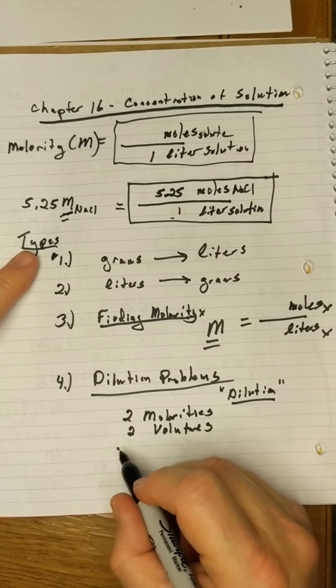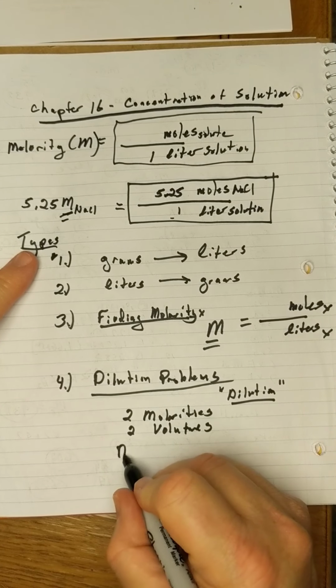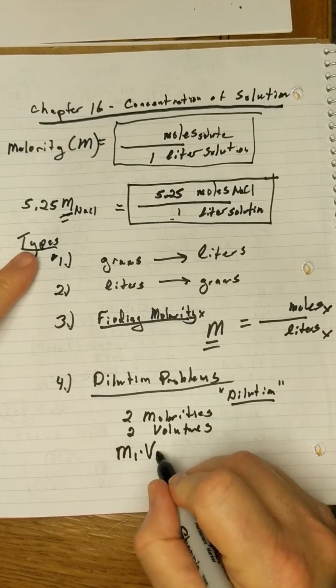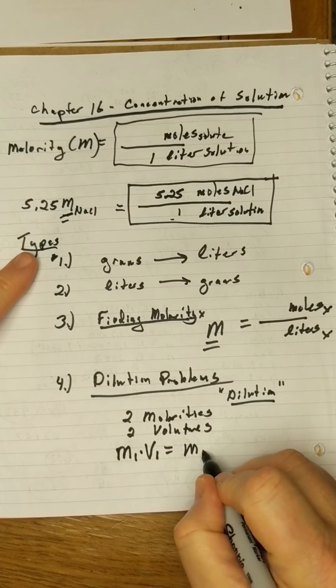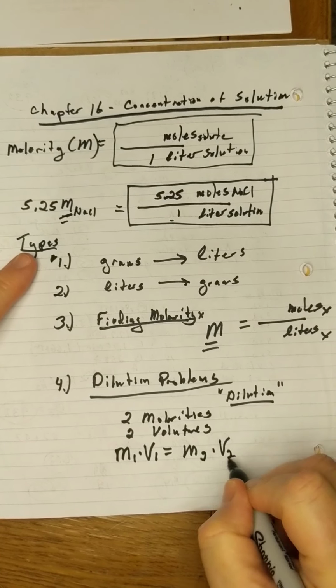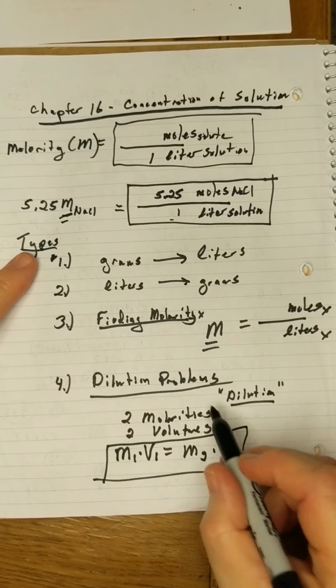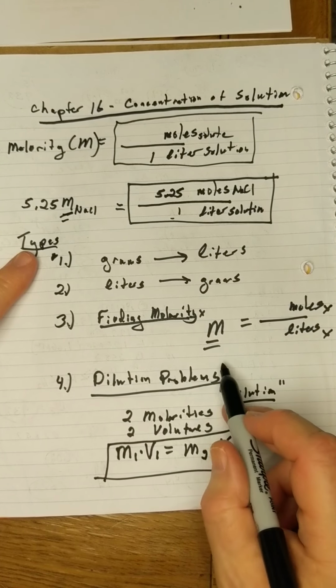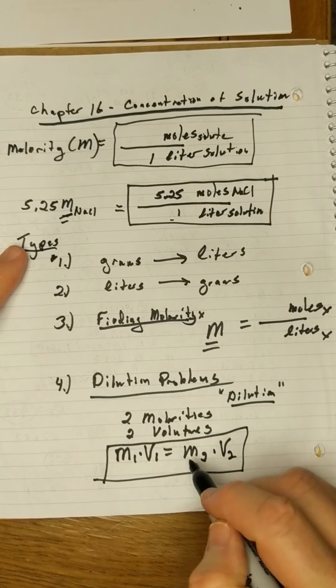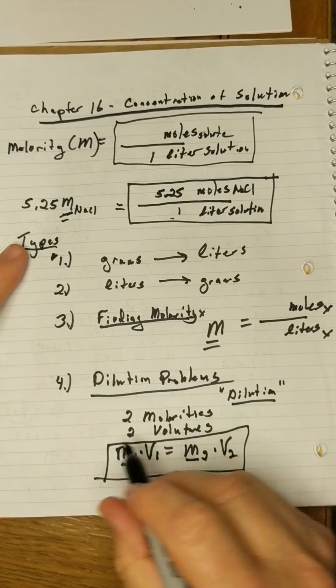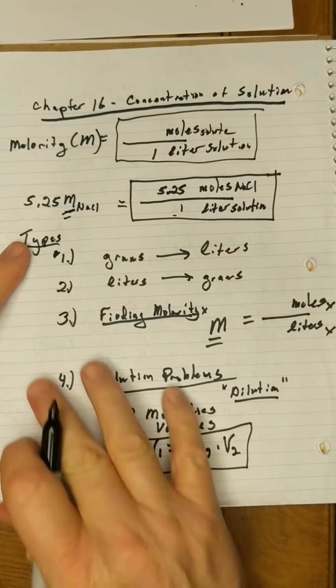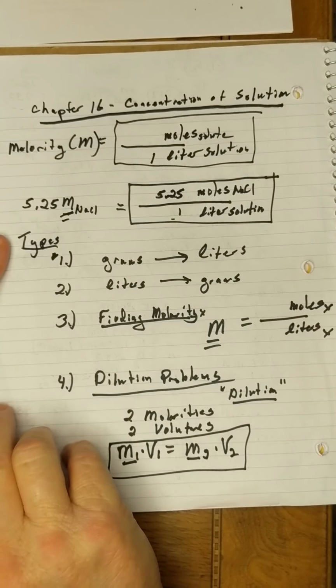It's just like gas laws when we use Boyle's law. It's molarity 1 times V1 equals molarity 2 times V2. And you just create a list and plug it in. In a dilution problem, this is the one time you really don't have to define M. You can just put M in, and the unit M cancels out. But in all the other problems, you always want to define M.